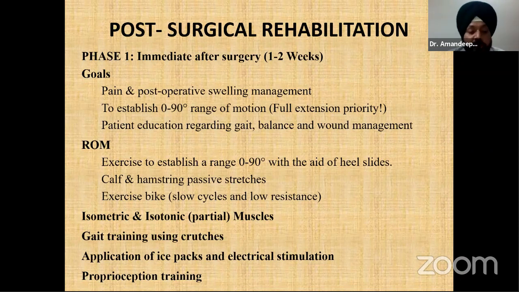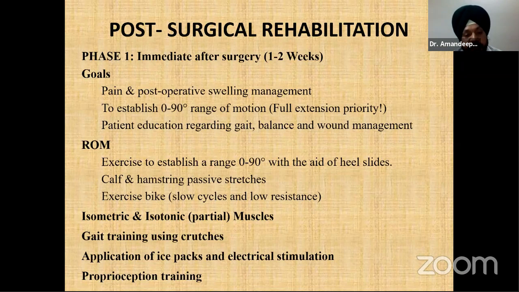Then we can make use of isometric exercises to the quadriceps, hamstrings, and gluteals, and depending on the patient's status, we can start isotonic exercises also in the partial range.